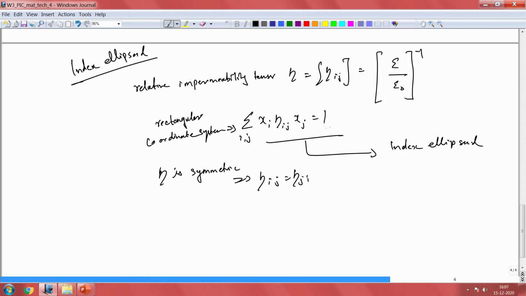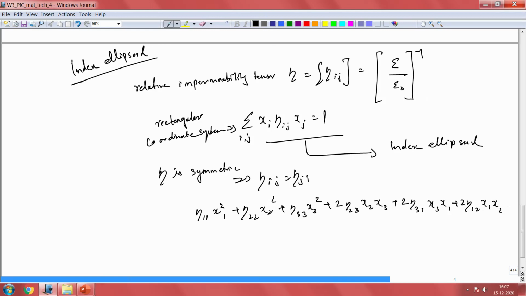And the equation that we had here, right, would become eta 11 x1 square plus eta 22 x2 square plus eta 33 x3 square plus 2 eta 23 x2 x3 plus 2 eta 31 x3 x1 plus 2 eta 12 x1 x2, which is equal to 1. Alright. So this is what you would end up with.